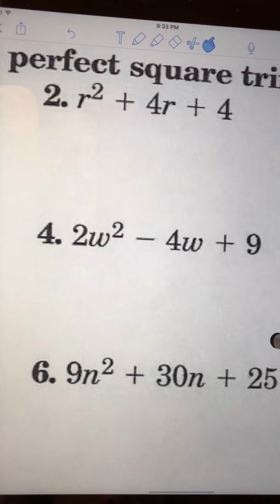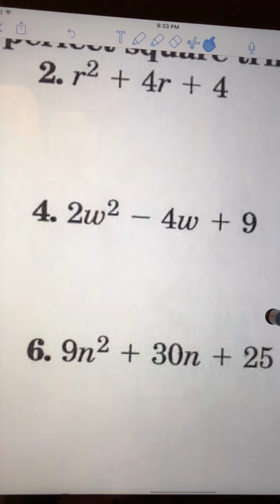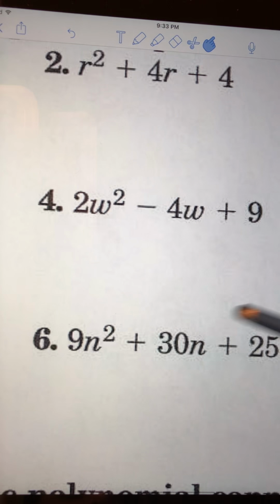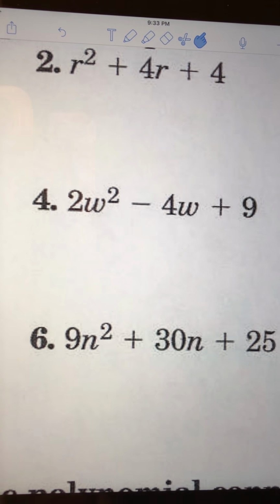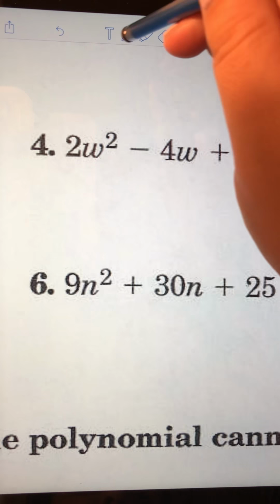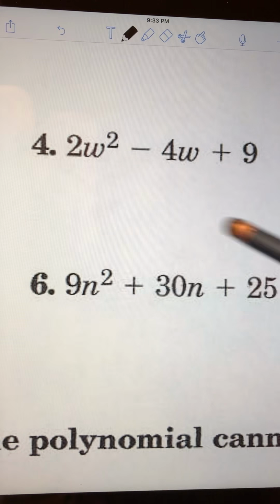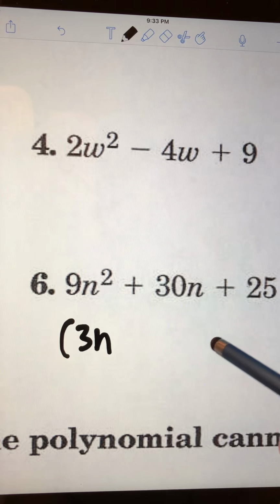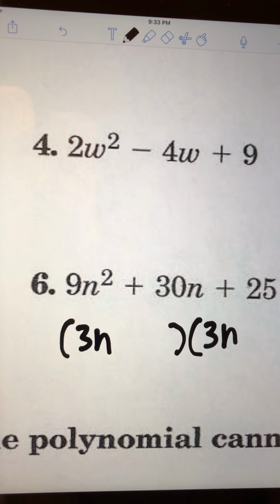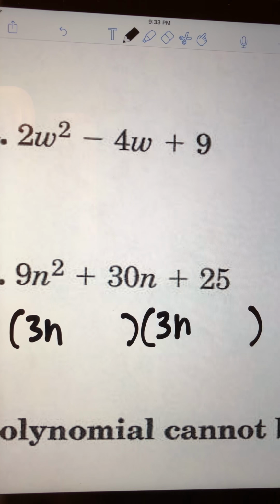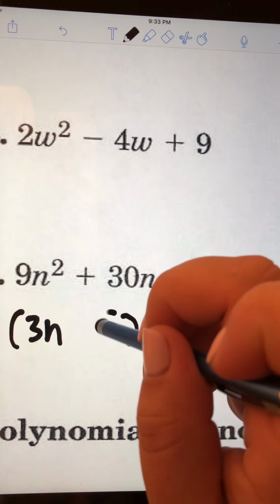Let's see if there isn't one here. Okay, so for example, number 6, if I were to take the square root of 9n squared, that would give me 3n. And then the square root of 25 is 5 and 5.